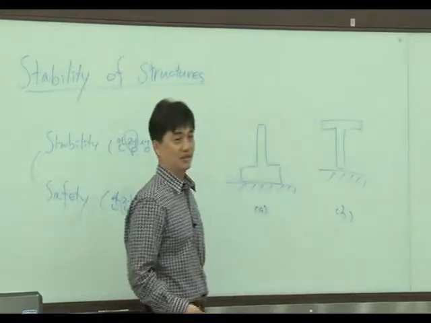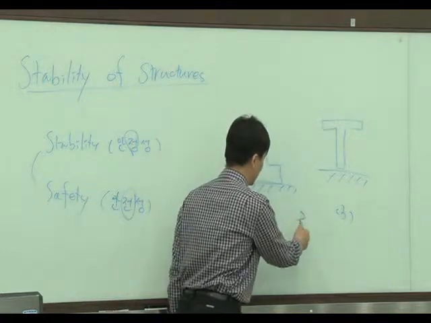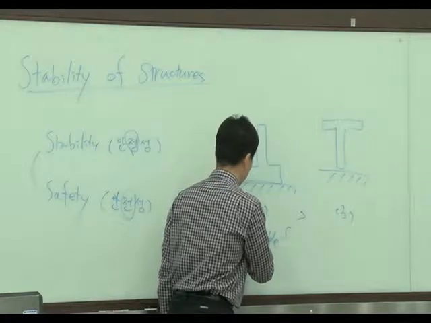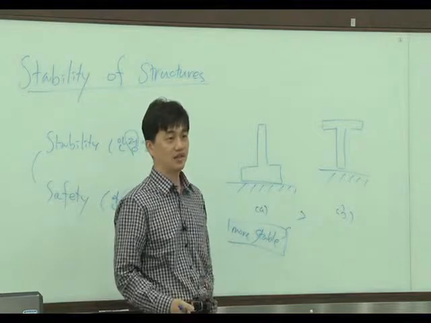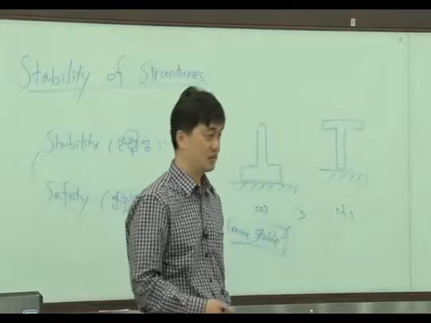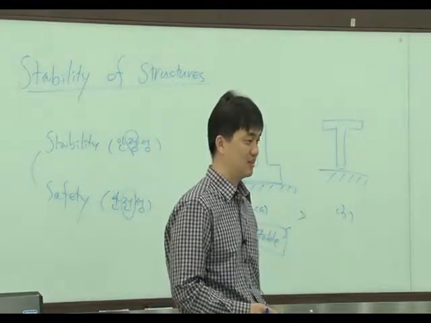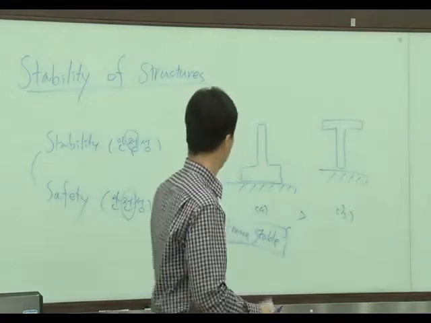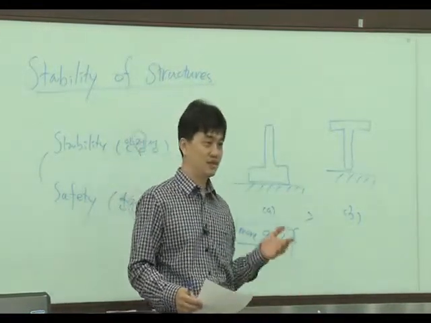Yeah, everybody knows that this looks more stable, right? How do you determine why this looks more stable? John, why do you think like that? Center of gravity is lower. Yeah, that's true. Is that all?